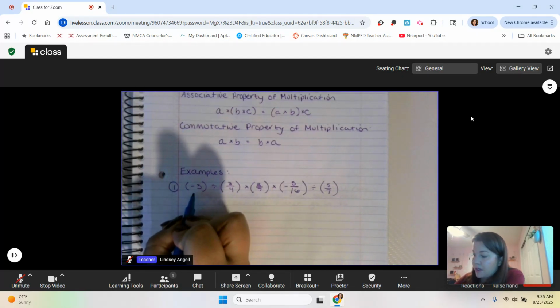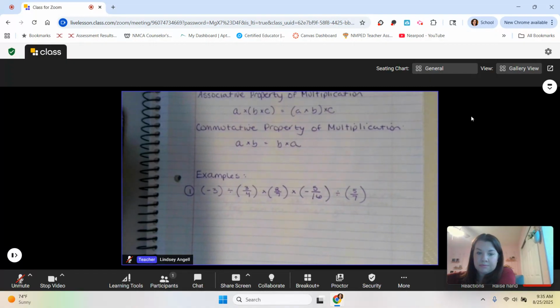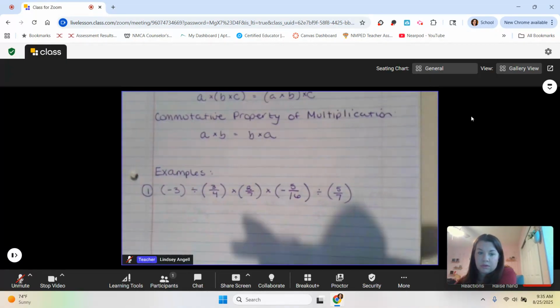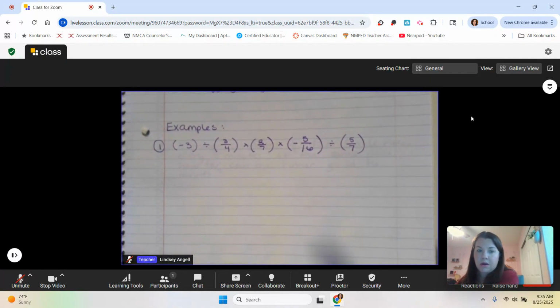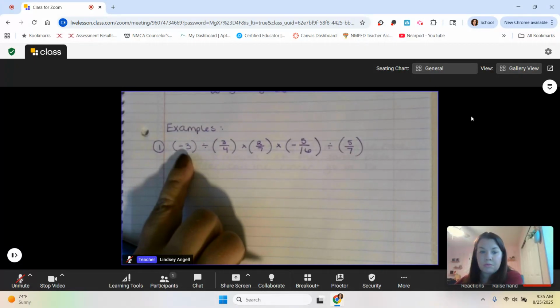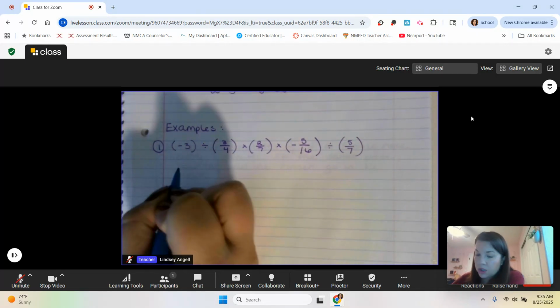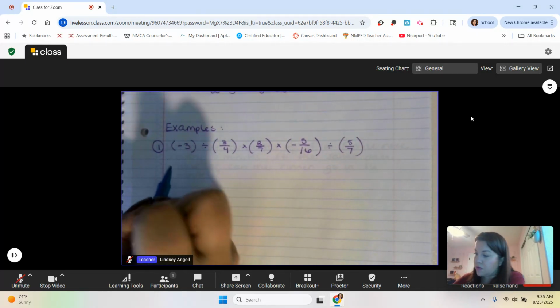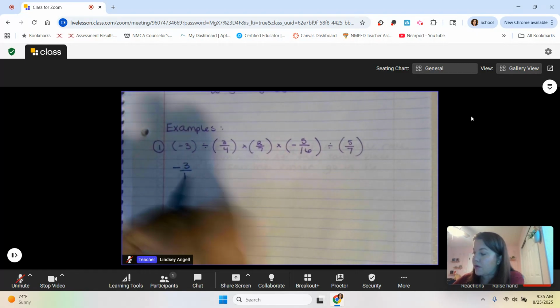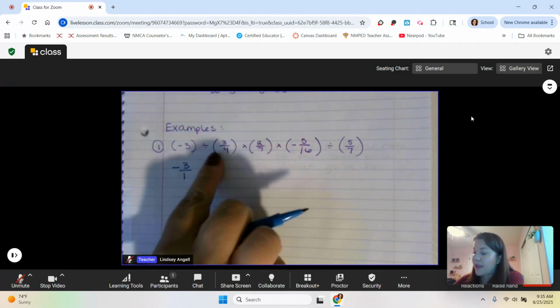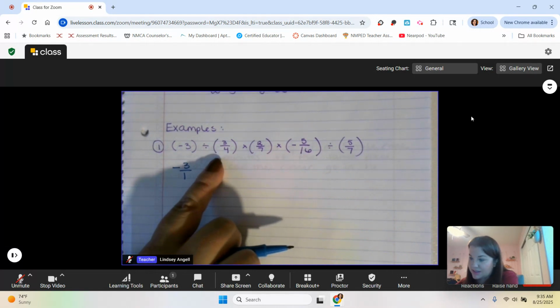I'm going to turn this negative 3 into a fraction, which you can do with any integer by putting it over 1. So I'm going to call this negative 3 over 1. And then I'm going to do this on the same level.